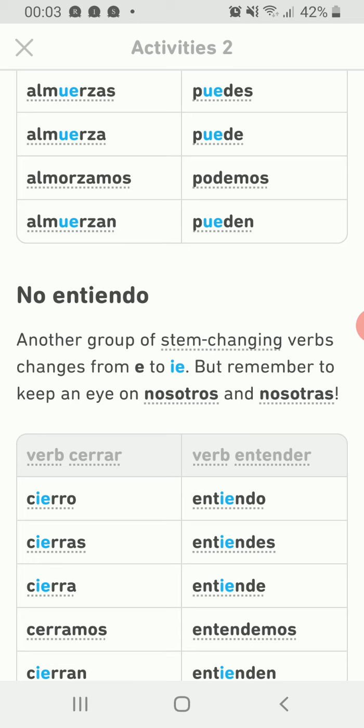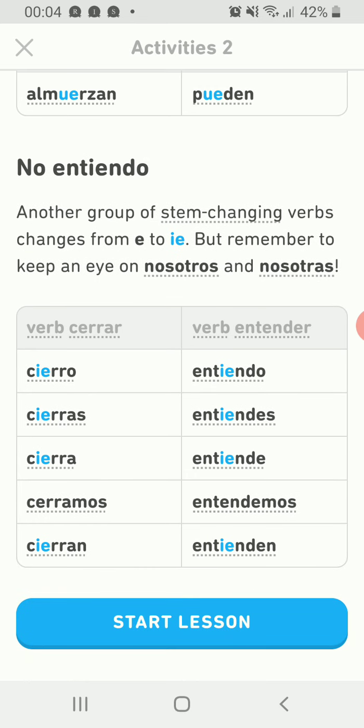No entiendo. Another group of stem changing verbs changes from E to IE. We saw that, we know this. So how do you say entender? Entender means to understand. Yo entiendo, tú entiendes, él, ella, usted entiende, nosotros entendemos, ellas, ellos, ustedes entienden.